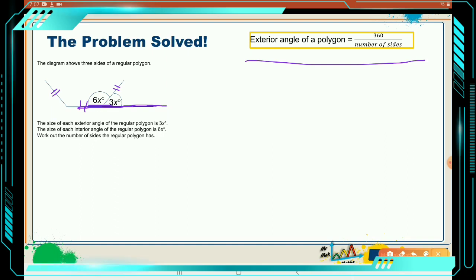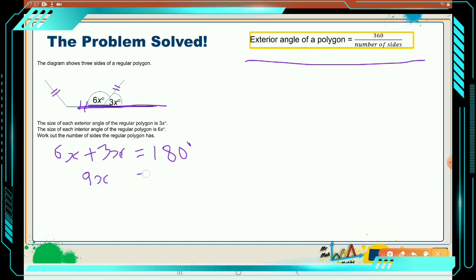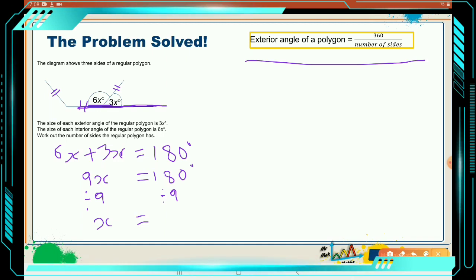So the first thing I would do is write 6x plus 3x equals 180 degrees, and solve that first. 6x plus 3x is 9x. 9x equals 180 degrees. Then we want to solve for x, so you divide both sides by 9. You end up with x equals 180 divided by 9. You just do 18 divided by 9, which is 2, and then the answer is 20 because it's 10 times bigger.